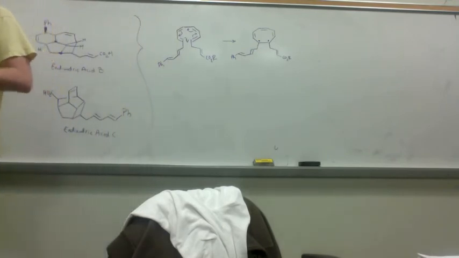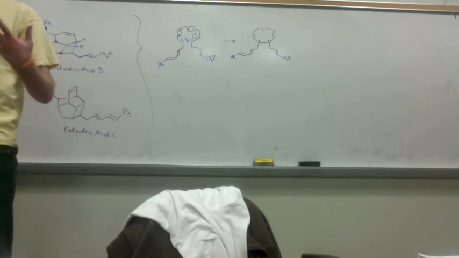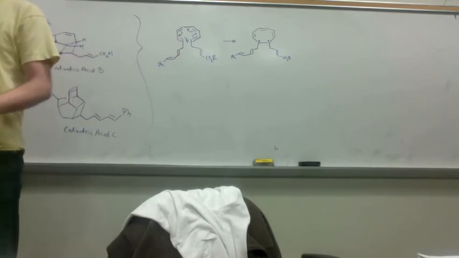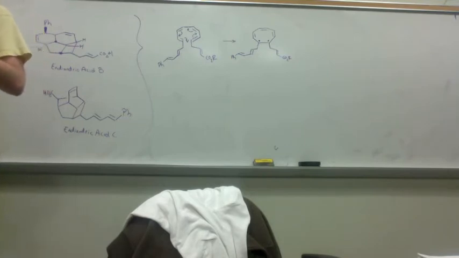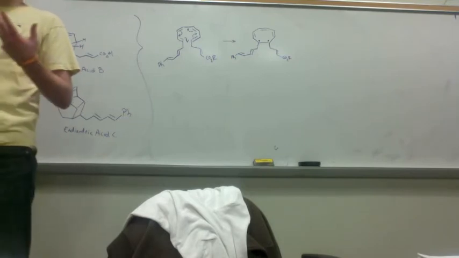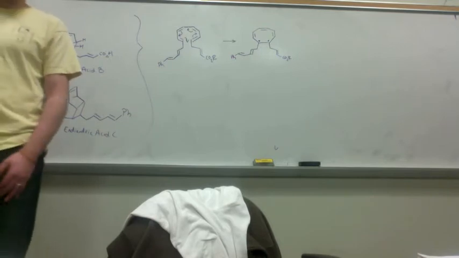Even if you have an idea and you've got some shortcut that you did in your mind based upon what we did with 6-pi, maybe just draw out what the HOMO is and think about whether that would proceed through disrotatory or conrotatory and what the result would be on the stereochemistry.